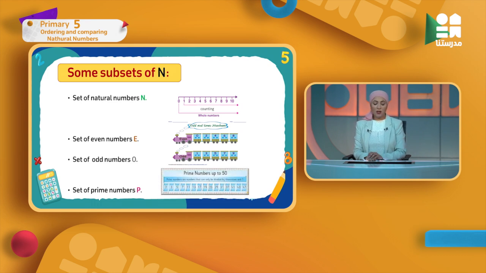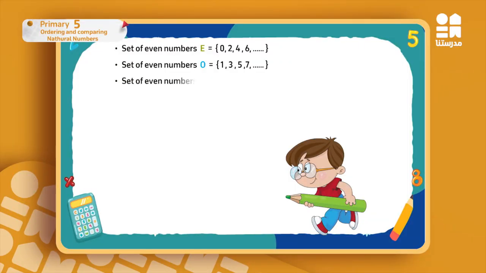So it's here 2, and remember 2 is the only even prime number. 2, 3, 5, 7, 11, 13, 17, and so on, and it's also an infinite set. Now, if I have this question, the set of even numbers, the set of odd numbers, and the set of prime numbers, let's go to the board and answer this question.